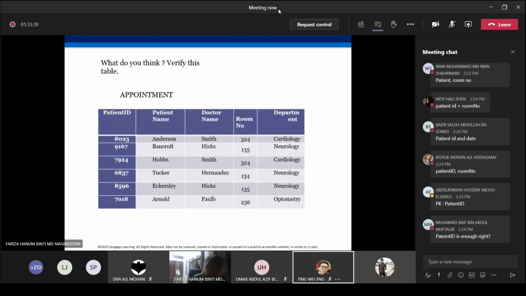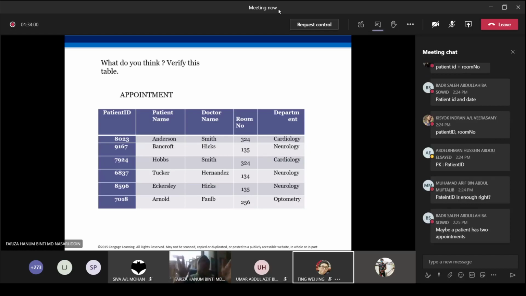Sometimes when you're answering a question, you may have to make an assumption. So let's just say one patient will only have one appointment for this particular day, so you will have the patient ID as the key.